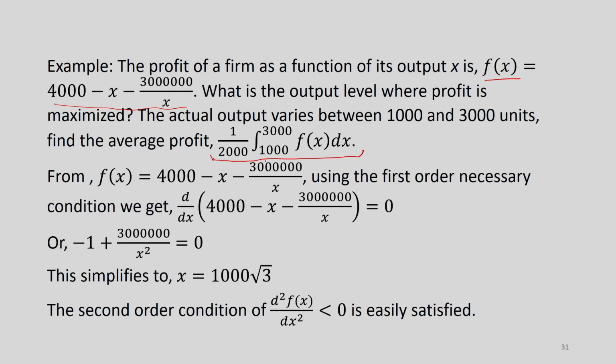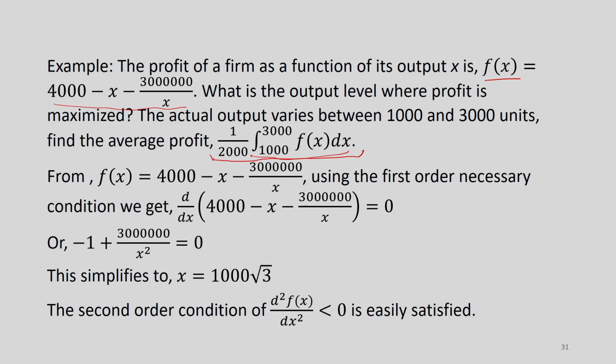How is it defined? Integration of f(x) dx from 1000 to 3000. So, this is the total profit, right? How? Because f(x) is the profit, but profit can vary depending on the output level. So, if I integrate over this range 1000 to 3000, I get the total profit.